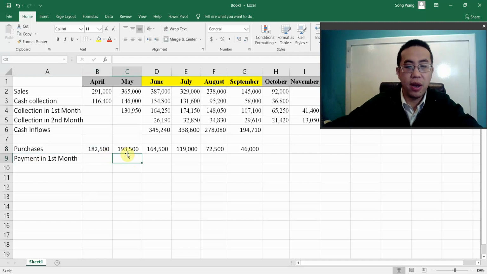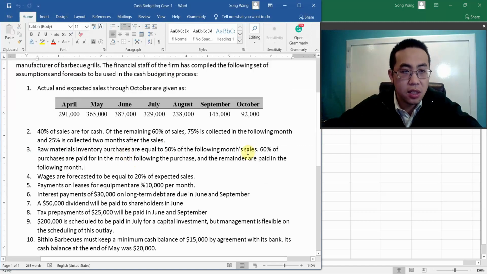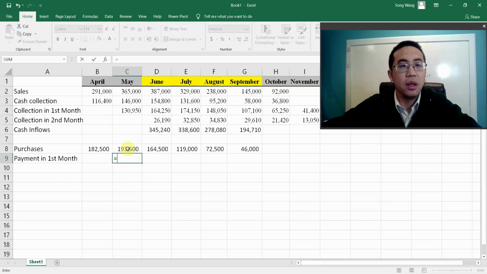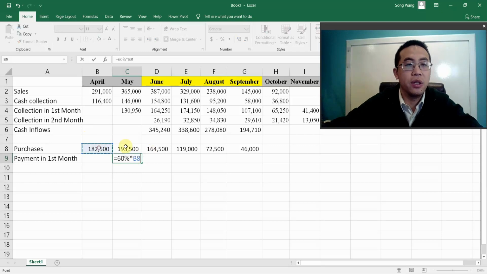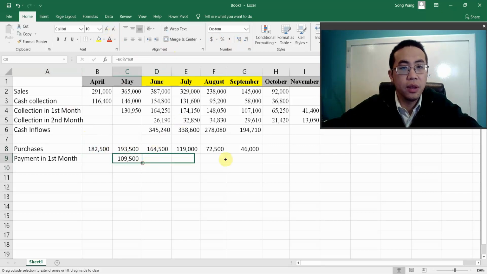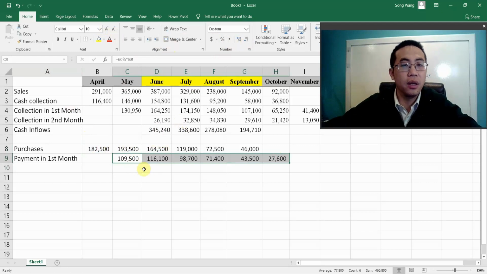So it's 1 month after. So what I'd say is 60% of the purchases are paid in the month following the purchase. So I'm going to use 60% here multiplied by the purchase in the month earlier. Okay, shrink the font, then drag it.